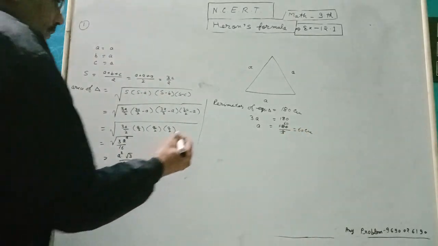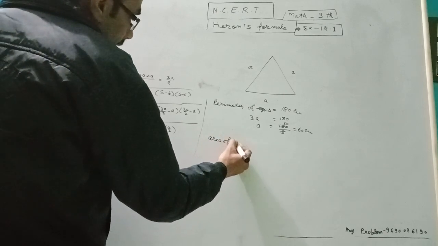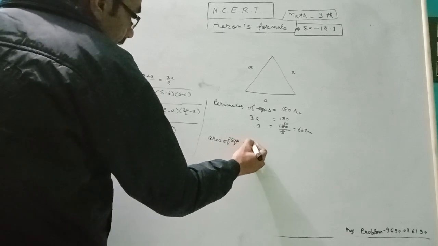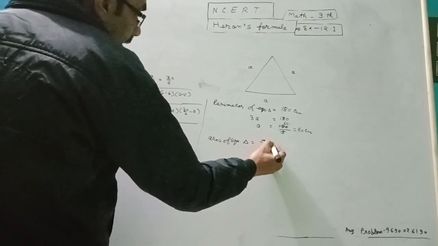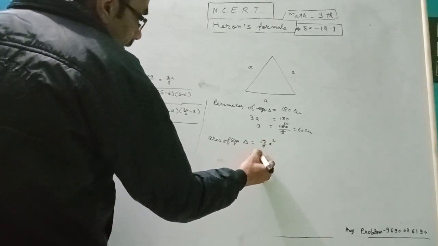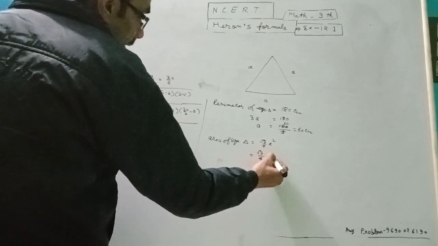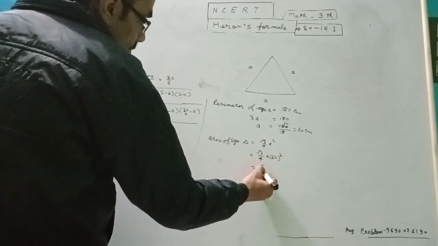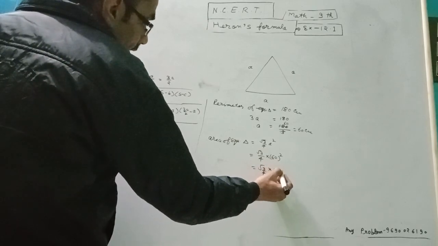Then the area of the equilateral triangle is equal to under root 3 upon 4 side square. Putting the side 60, under root 3 upon 4 into 60 into 60.